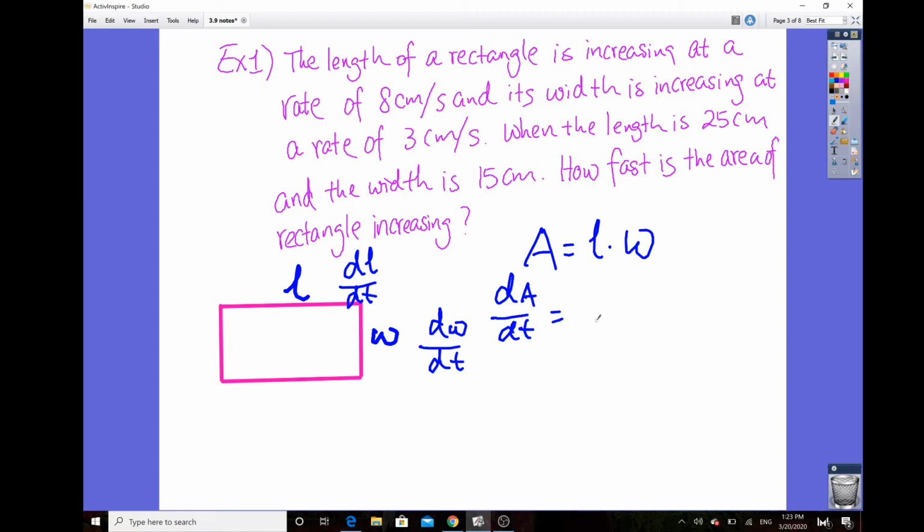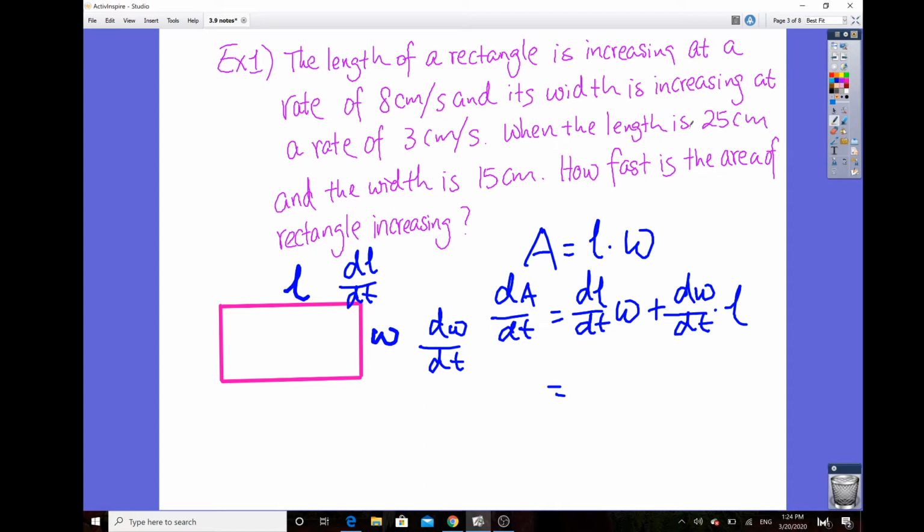For the first one, we get dL over dt times W, plus the derivative of W, dW over dt, again implicit differentiation, times L. Now, according to the question, we want to find the rate of change of the area.